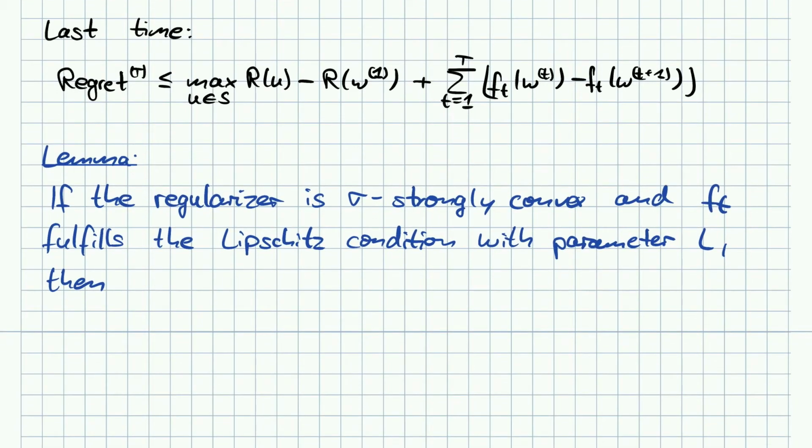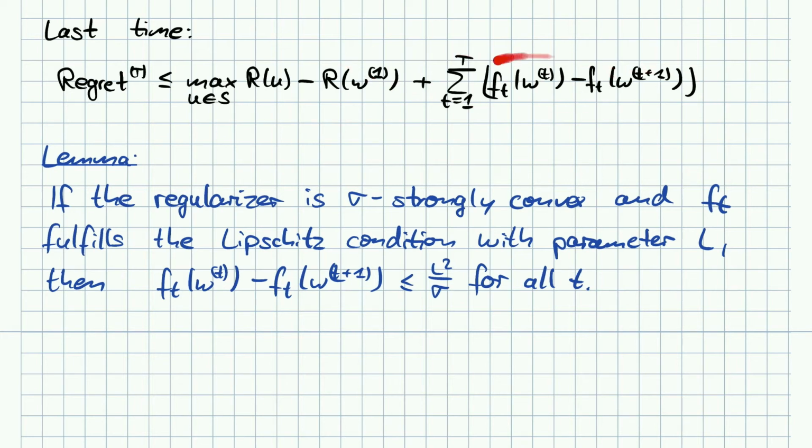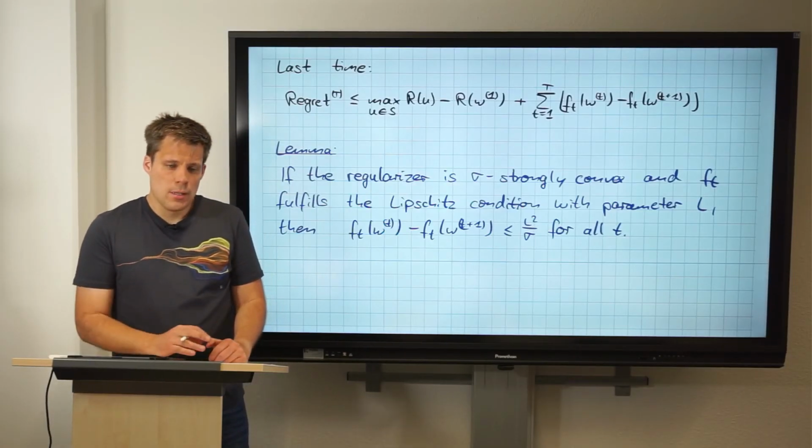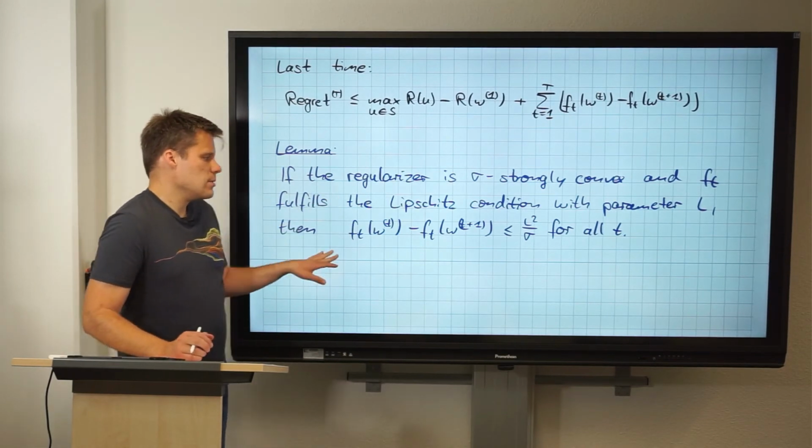And by how much? Ft of Wt minus Ft of Wt plus 1 is at most L squared over sigma for all t. If we have this, then we can plug this in here, we get t times this, and this immediately implies the bound we have in our theorem. Fantastic. So this is what we want to show.